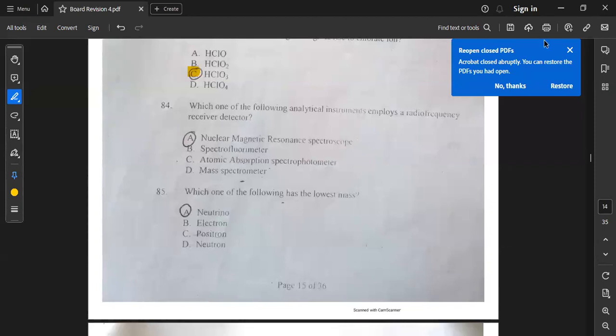Is it NMR, mass spec, atomic absorption, spectrophotometer, or spectrofluorimeter? Which one employs a radio frequency receiver detector?